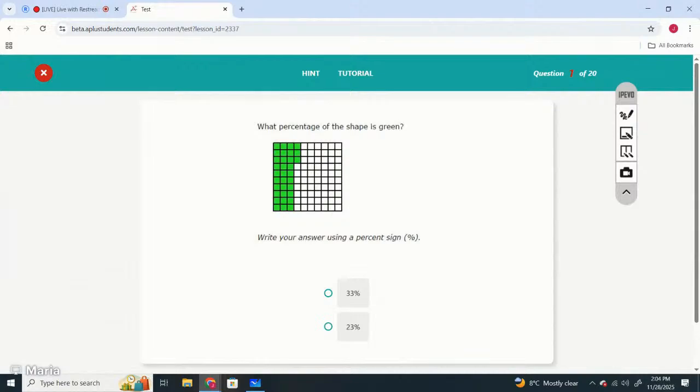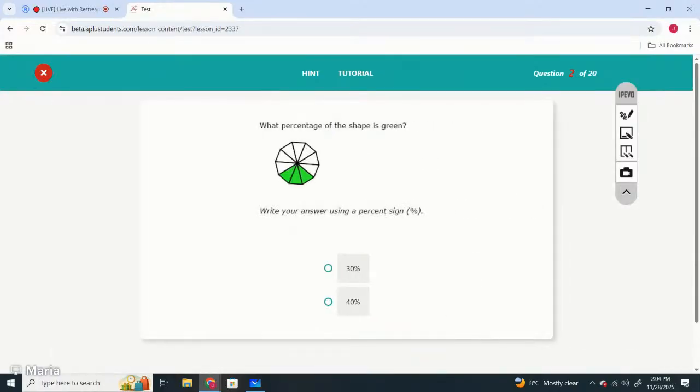So 33 out of 100 are green. So you can write it as 33% of the figure is green. The correct option is 33%. Option number one is the correct option. That is 33%.